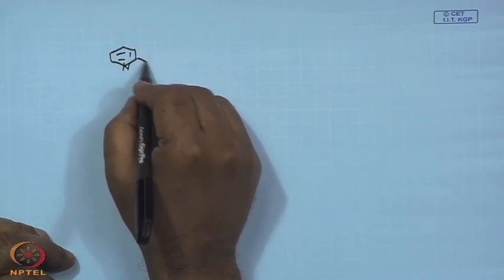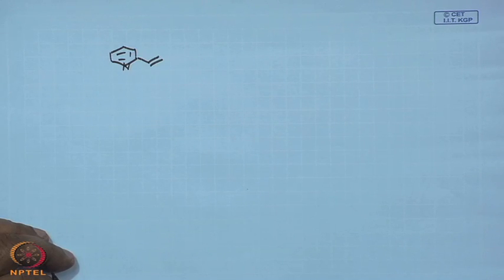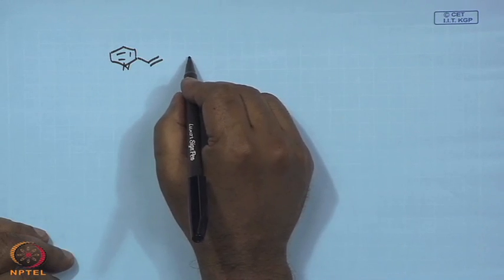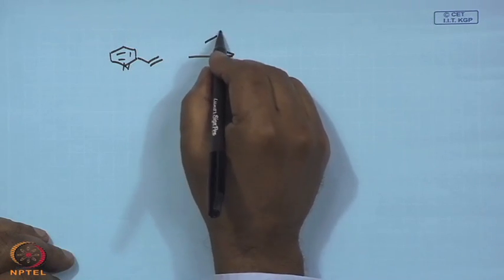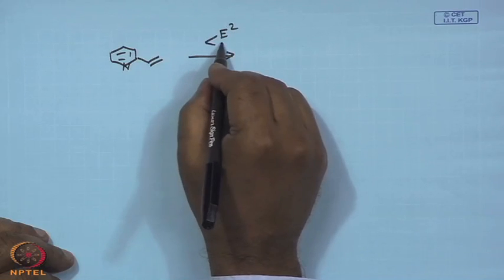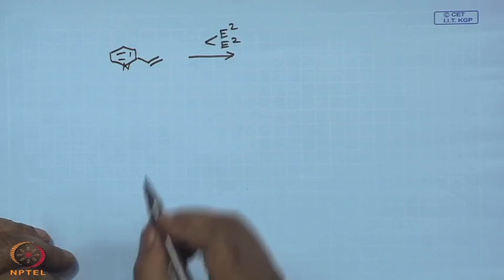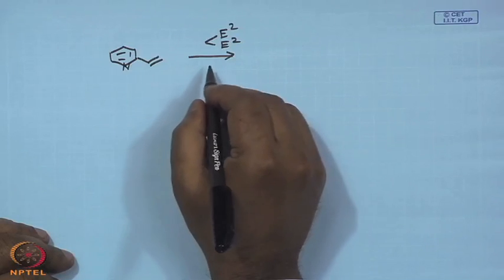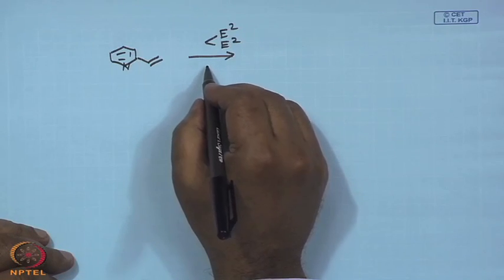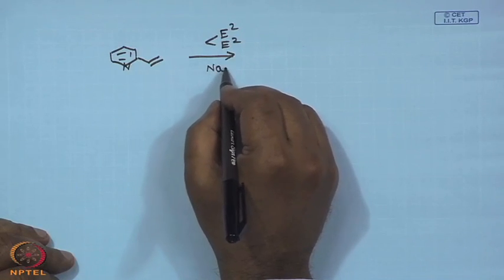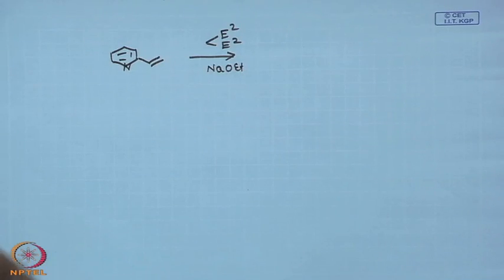if you begin with vinyl pyridine, and I think by now we know what E2 means: ethyl ester, so diethyl malonate and sodium ethoxide.